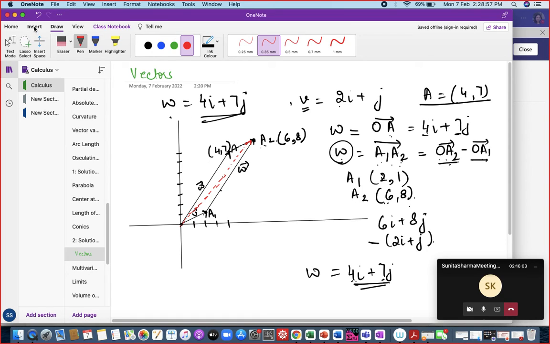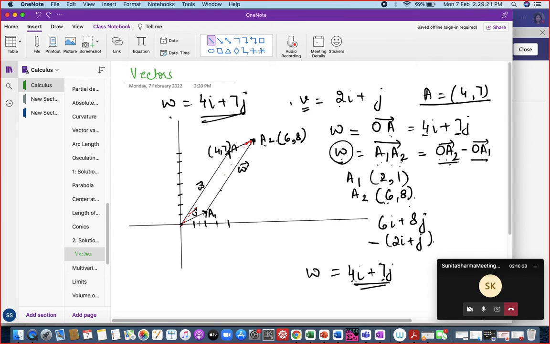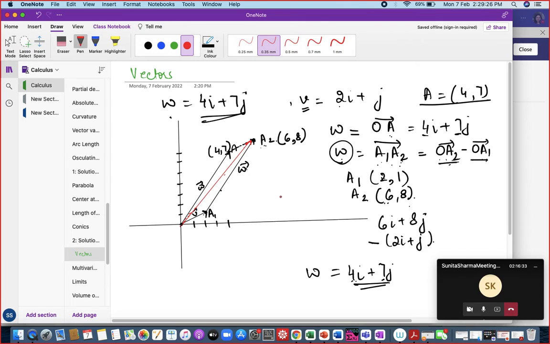Let me use a straight line. Okay, this diagonal is going to represent the sum V plus W, the diagonal of this parallelogram.